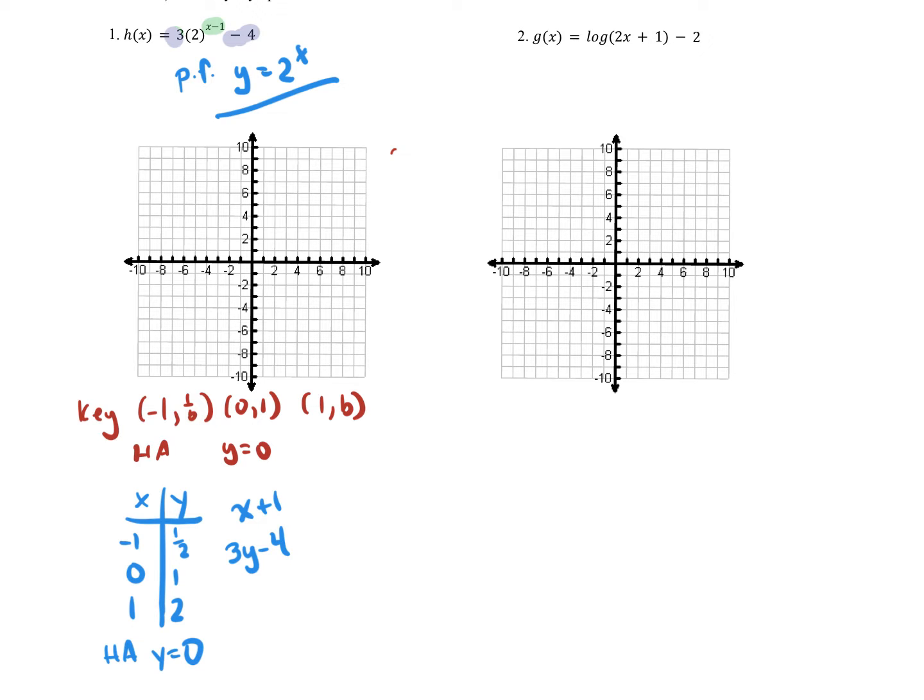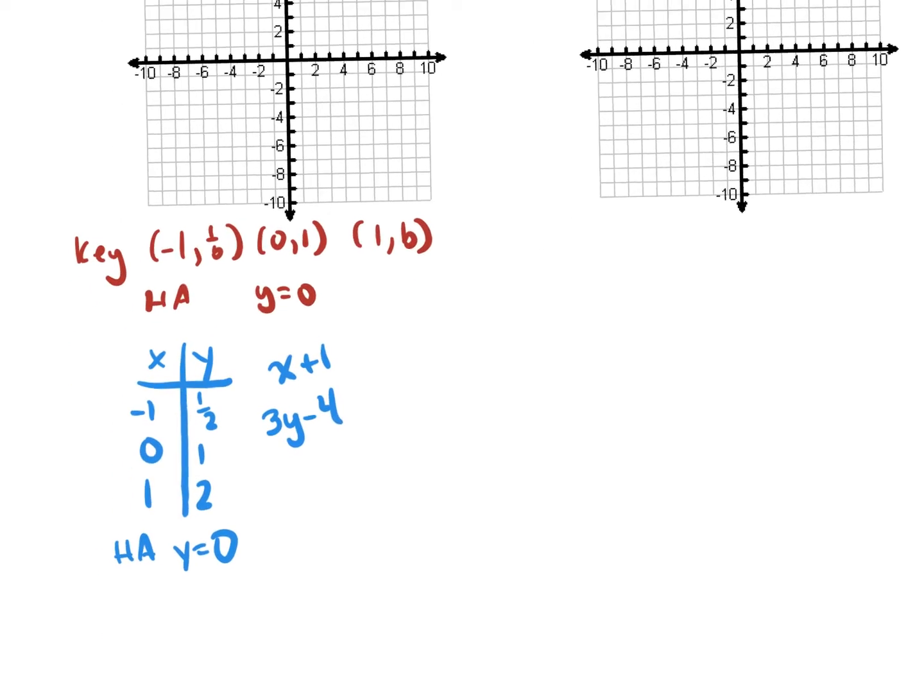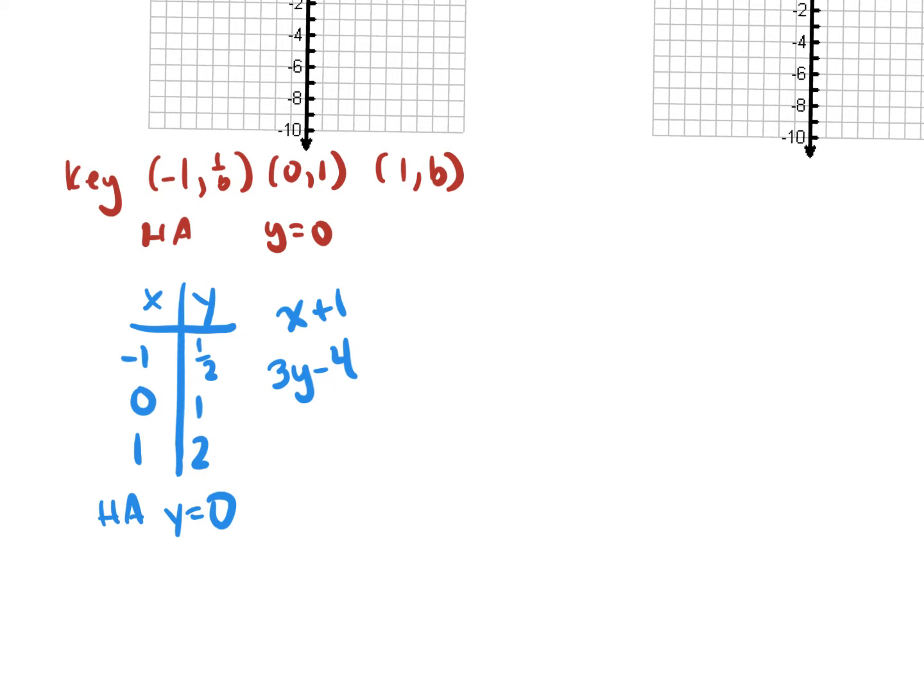So I can use these points I had down here, these key points, I'll zoom in over here, to get my new points. So my new points on the graph, I'm going to obviously first take the x's and add 1. So that's going to be 0, 1, and 2. Okay, that's pretty simple. Now for the y's, I'm going to multiply by 3 and subtract 4.